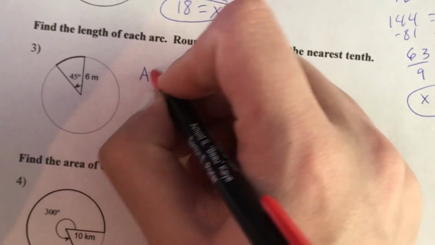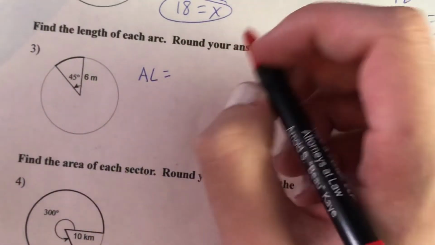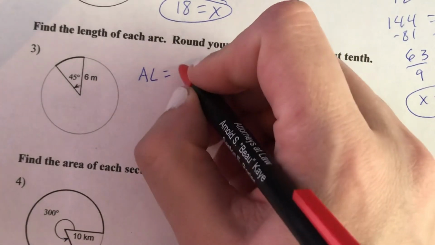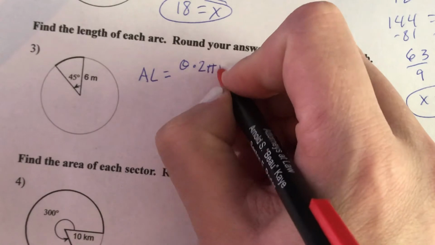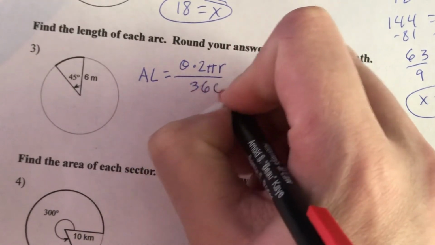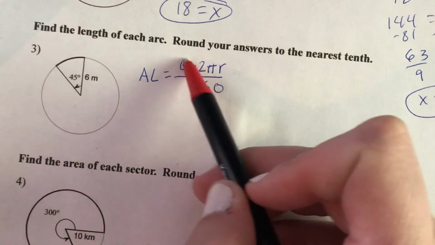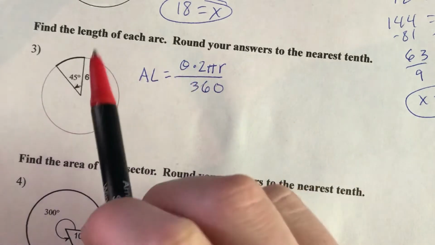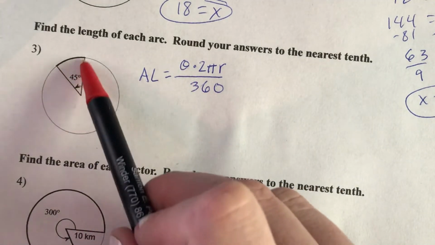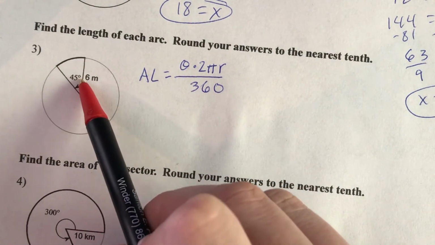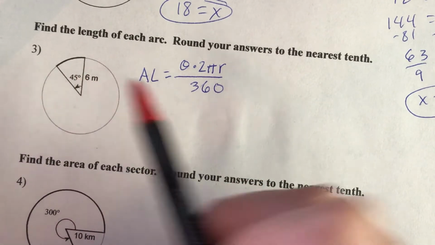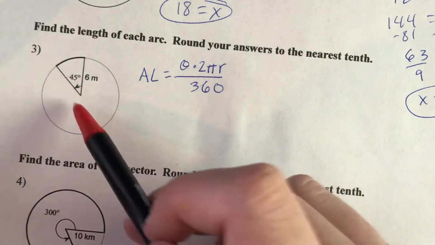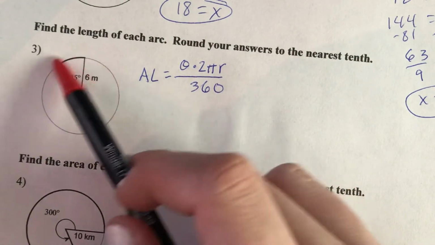I'll probably say AL, arc length, is equal to theta times 2 pi r divided by 360. And so what this theta means is just the angle that I'm given. So we identify angles by the little degree symbol with them, and they're usually inside the sector I'm looking at, a little piece of my pizza here.